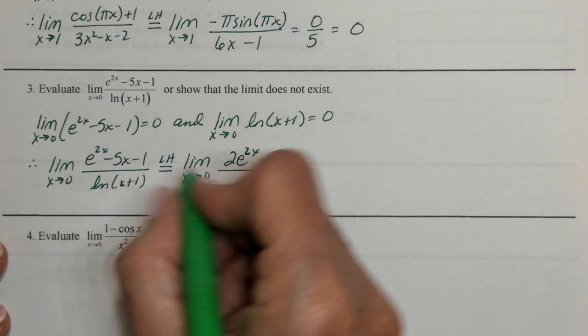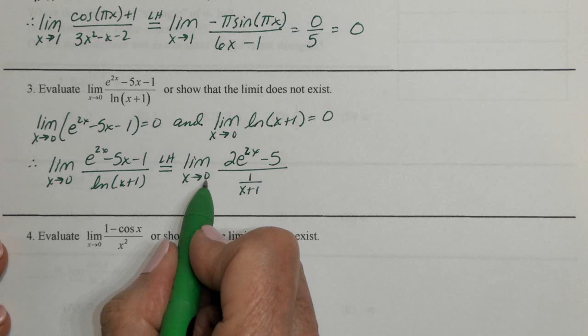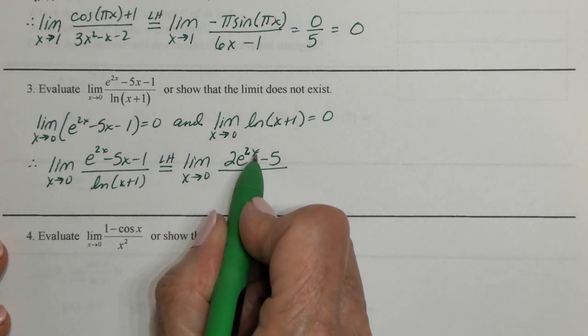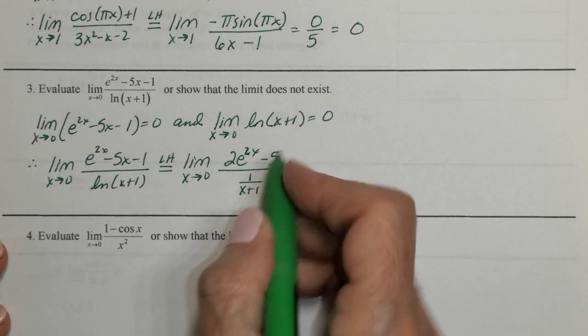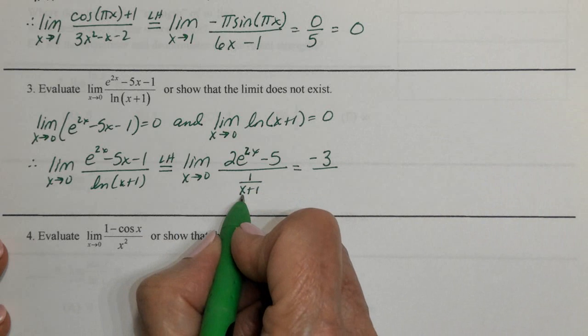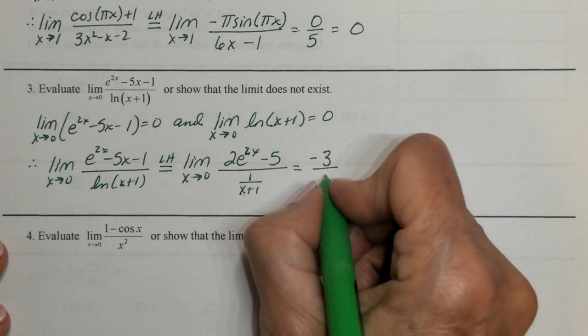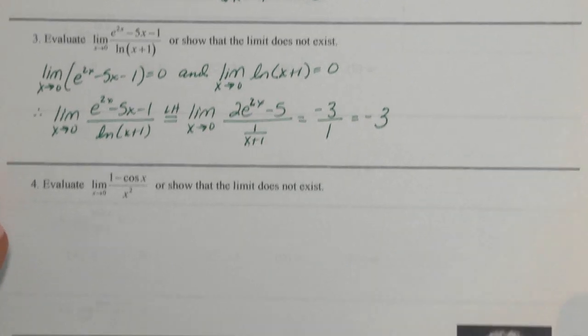That's u prime over u, so 1 over x plus 1. Now let's plug in 0 to the remaining x's. E to the 0 is 1. 2 minus 5 is negative 3. If I put a 0 in for that x, I get a 1. So this is negative 3. That's L'Hopital's rule.